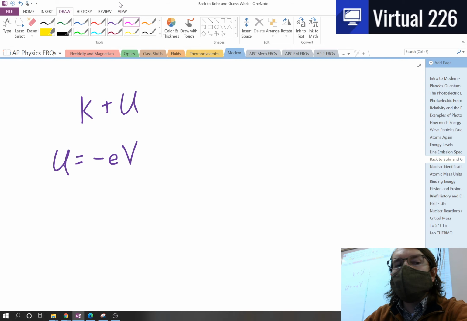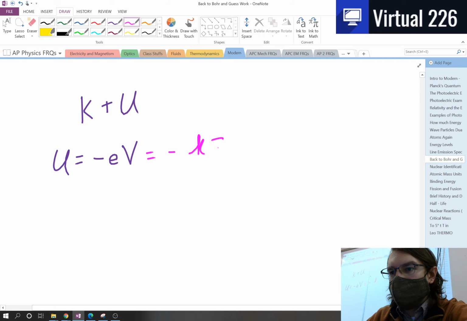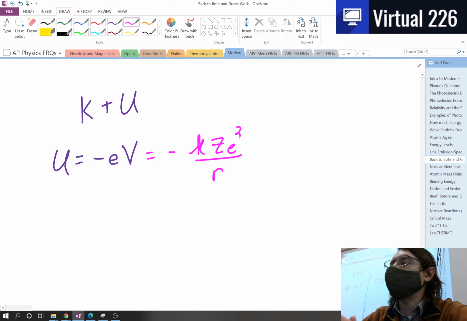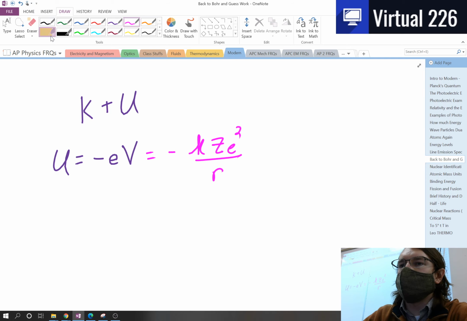It just so happens that we can define this using Coulomb's law and the ideas from electrostatics as well. We know this would be negative kZe squared over R. This is kQq over R.